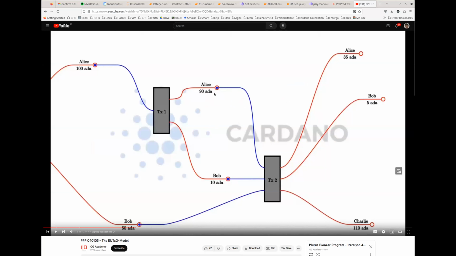It starts at 0, so this could be output 0, and this would be output 1. So this UTXO would be identified by the hash of this transaction, hash symbol 1. And this one here would be the hash of this transaction, hash 0.